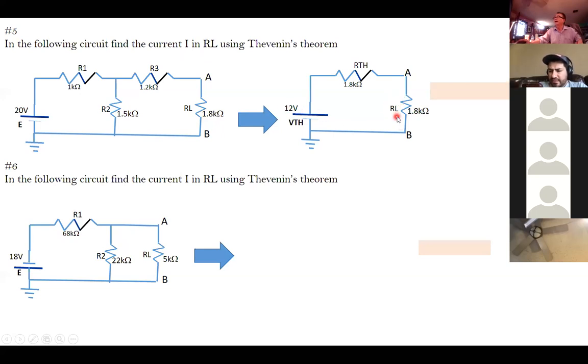That means the current I here. So I load will be V Thevenin divided by R Thevenin plus R load. You get 3.33 milliamp.